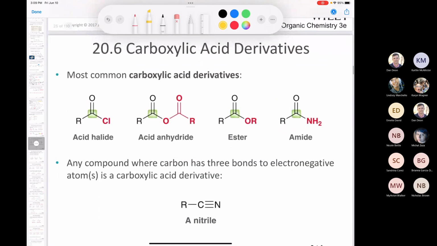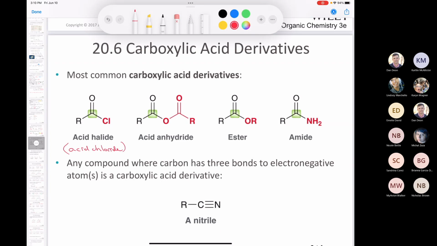And here are the most common carboxylic acid derivatives that we are going to study. We're going to look at acid halides. Technically, if you have a chlorine, you would call this one an acid chloride. And you could have an acid bromide, of course. Then we have an acid anhydride, an ester, an amide, and a nitrile.